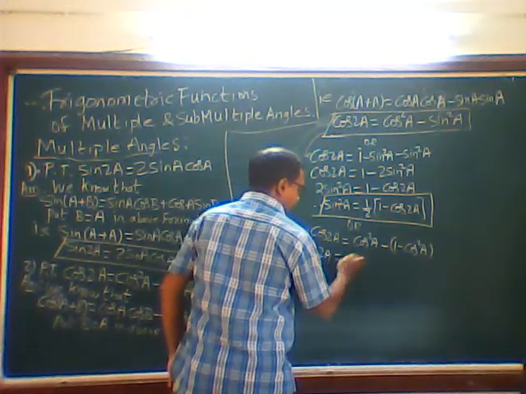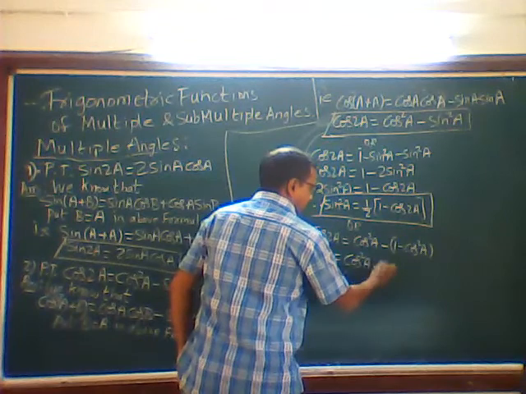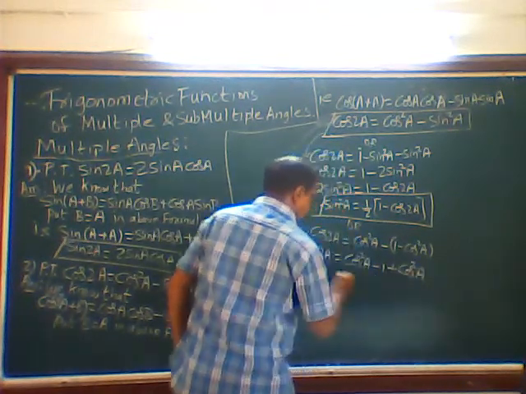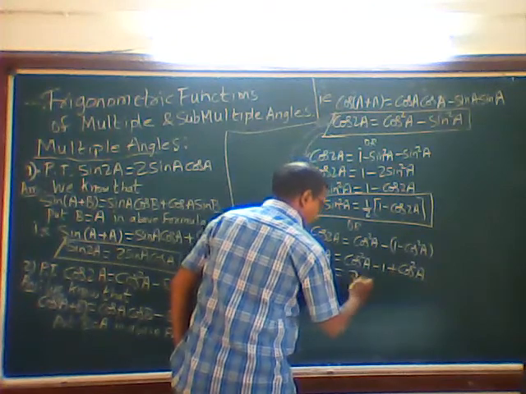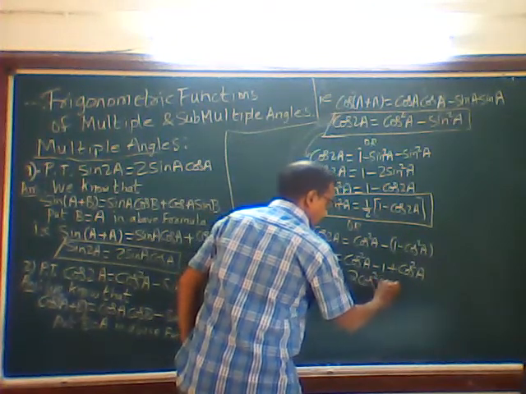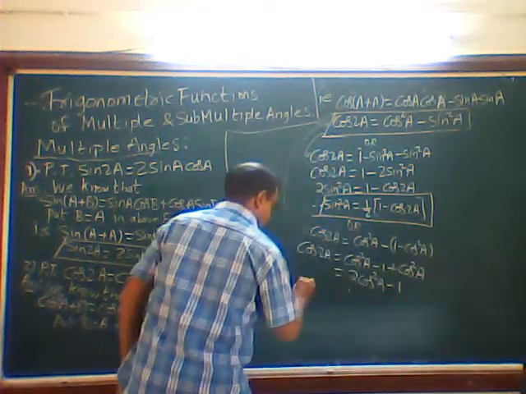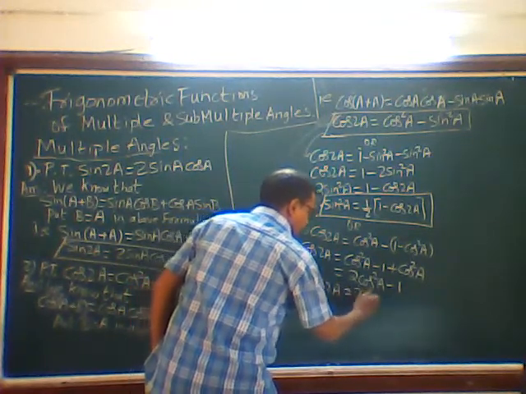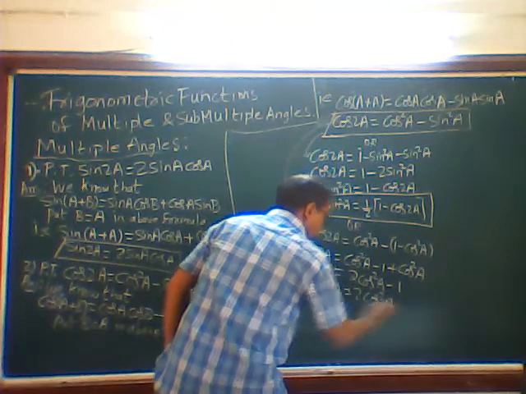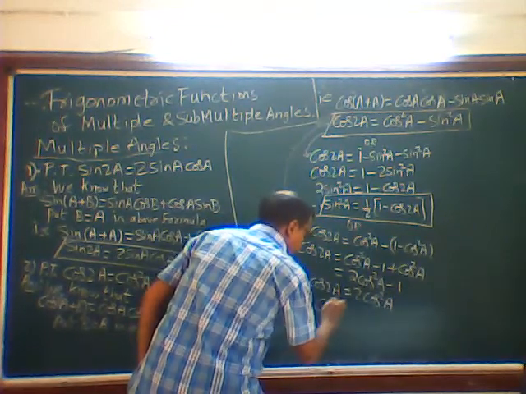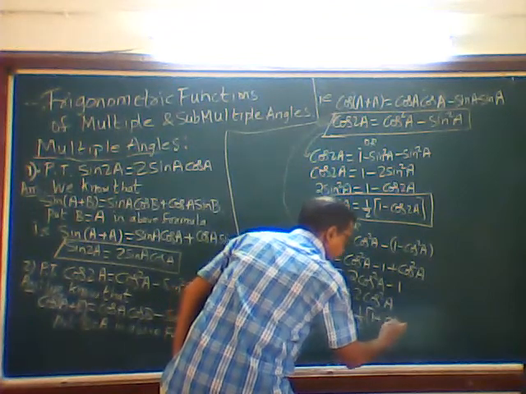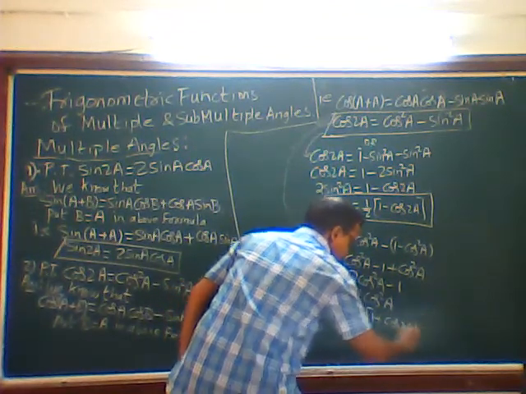Cos 2a is equal to cos square a minus 1 minus minus plus. So what happens here? 2 cos square a minus 1. That minus 1 I will take to this side. It will become 1 plus cos 2a is equal to 2 cos square a. Therefore, cos square a is 1 by 2 into bracket 1 plus cos 2a.